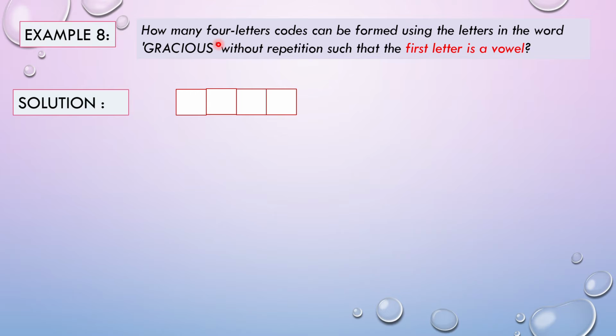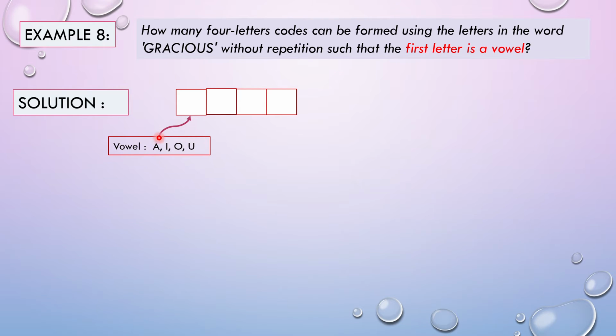We are going to form a 4-letter code from the word gracious, but the condition here is the first letter has to be a vowel. Okay, now that means for the first box we have 4 options.